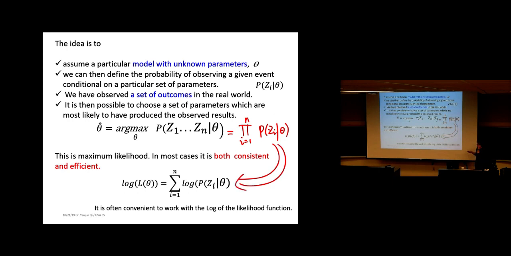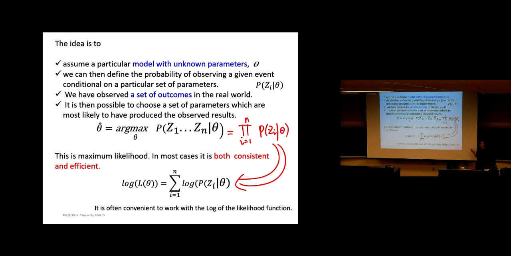Also, because the log function is monotone, the argmax over theta here is the same as the argmax over theta there. So it's converted from many multiplications into a summation of the log of probabilities.